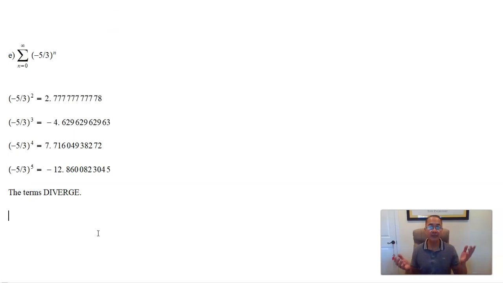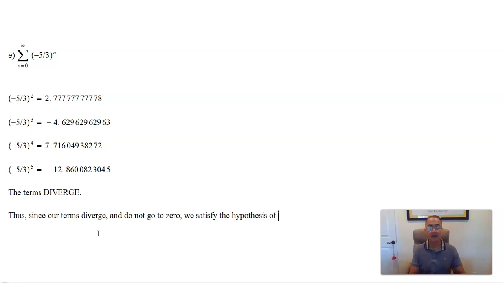Okay, do we satisfy the hypothesis of the divergence theorem? Our sequence does not go to 0. Thus, since our terms diverge and do not go to 0, we satisfy the hypothesis of the divergence test.